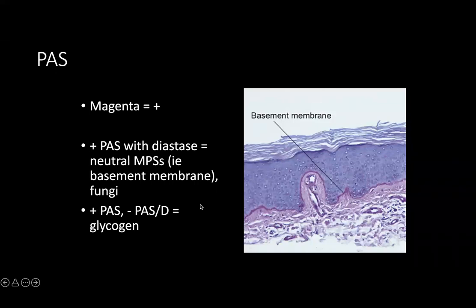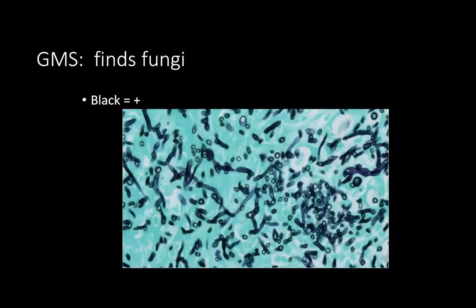But if you were to do a PAS and you treat it also with diastase and it was negative, then that represents glycogen deposition. Here is a nice image of a positive GMS stain for fungus. So the silver results in black highlighting of hyphal structures and spores.